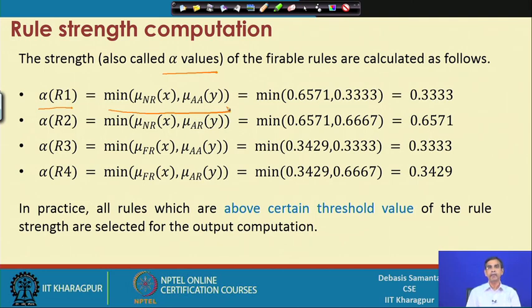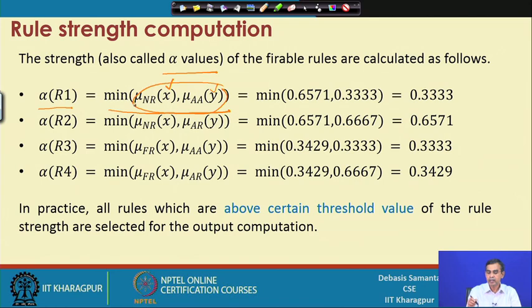Now, in the context of the first rule, the 2 membership values related to the fuzzy state nr and the fuzzy state AA, having x element, are the input, and we already know the membership values of these. So, it will take the minimum of the 2 membership values as the rule strength.